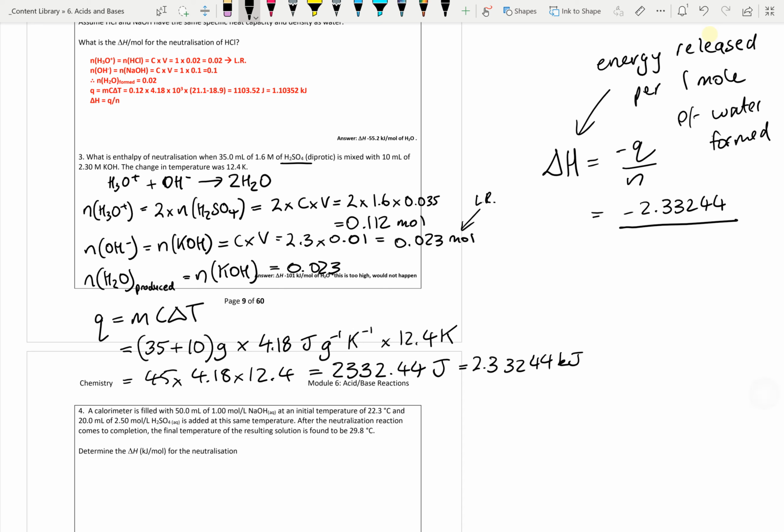Okay. My moles of water formed I calculated earlier to be 0.023. And so I'm going to do both those things on my calculator. Divide by 1,000 and then divide by 0.023.